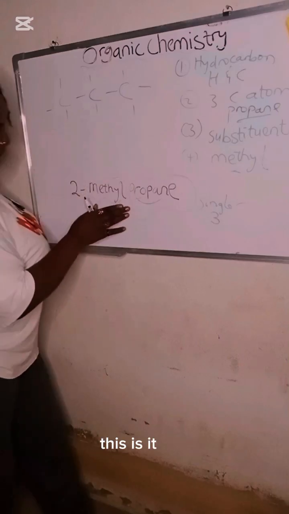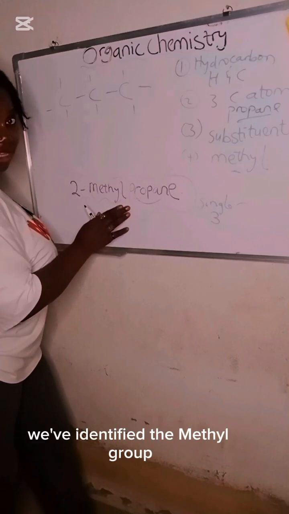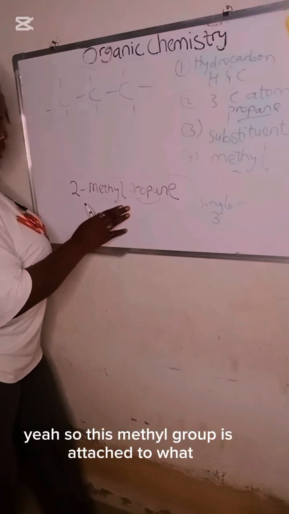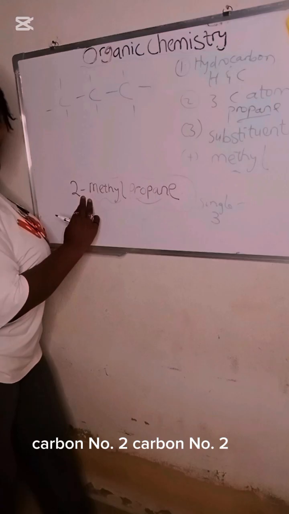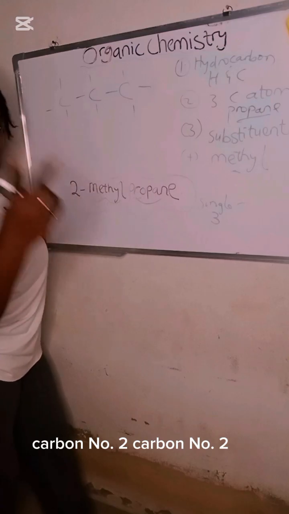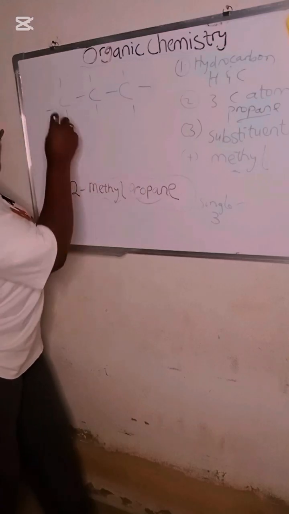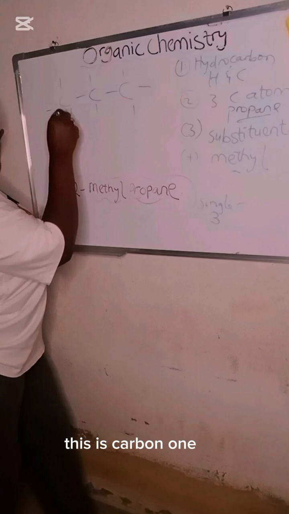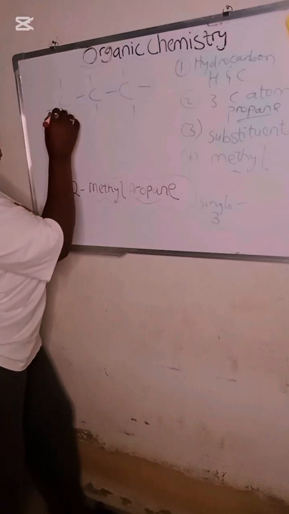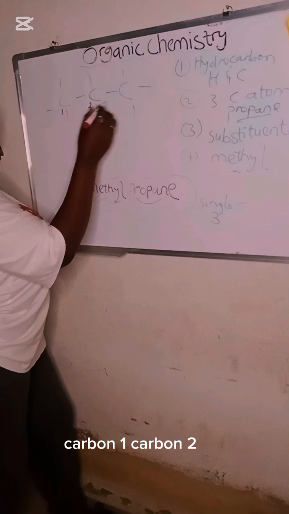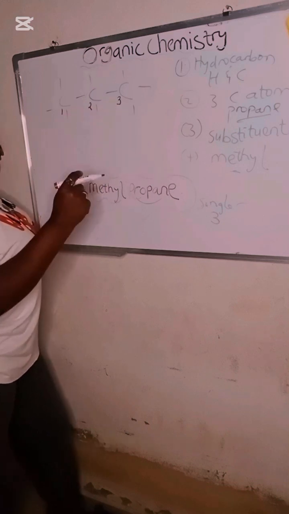We've identified the methyl group. So this methyl group is attached to what? Carbon number 2. This is carbon 1, carbon 2, carbon 3.